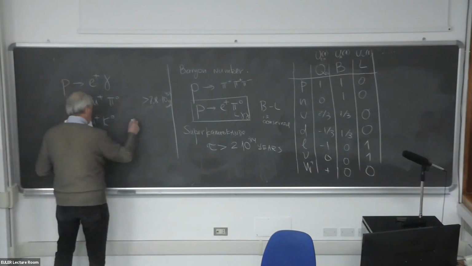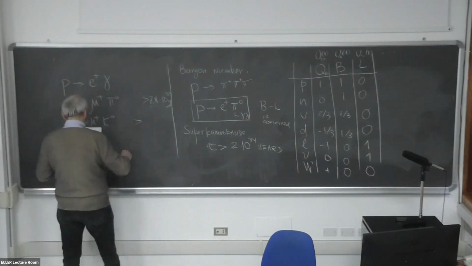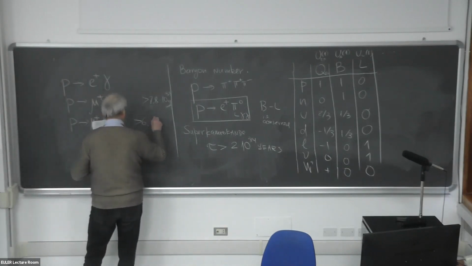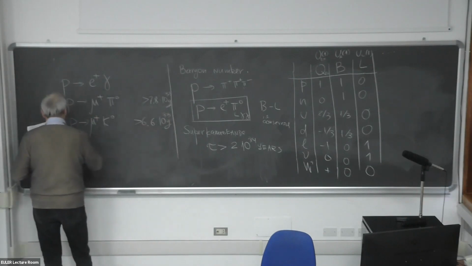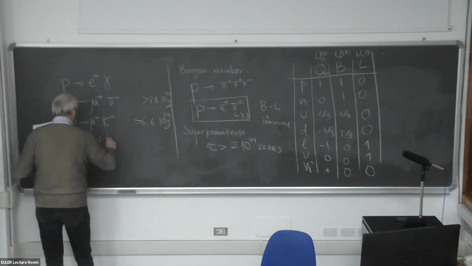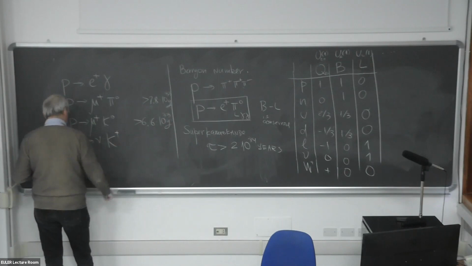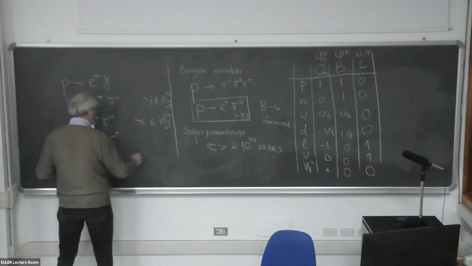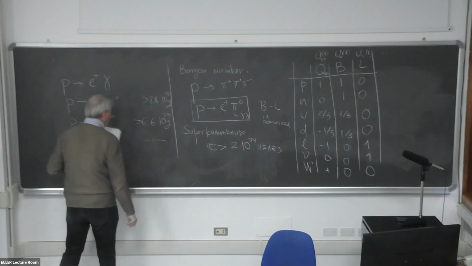This mode is restricted by 6.6 times 10 to the 33 years. So there's also the mode of proton decay into neutrino and K plus, also in supersymmetric models and with the same kind of lifetime.